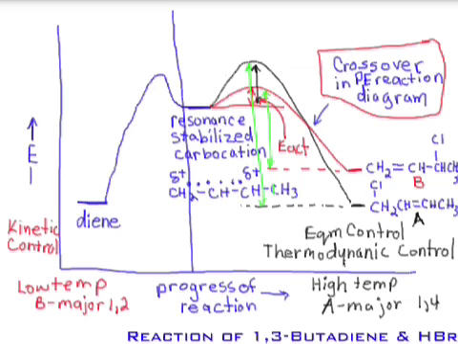Well, what happens? How does this bear itself out in a real reaction? Let's give you a real-world example. And instead of HCl, I'm going to use HBr. I'm going to react it with butadiene, 1,3-butadiene. So here's 1,3-butadiene.